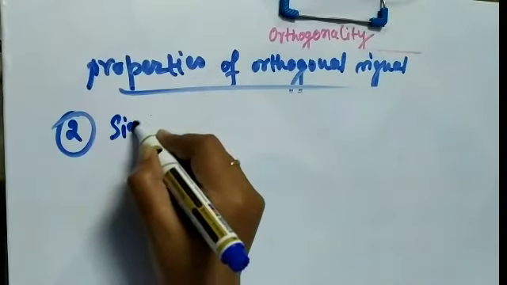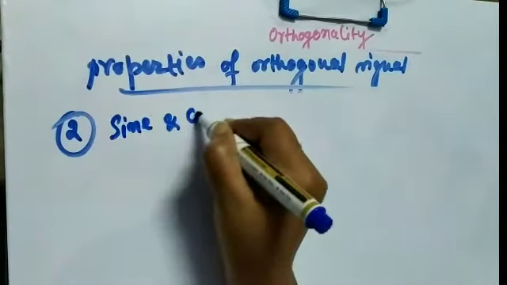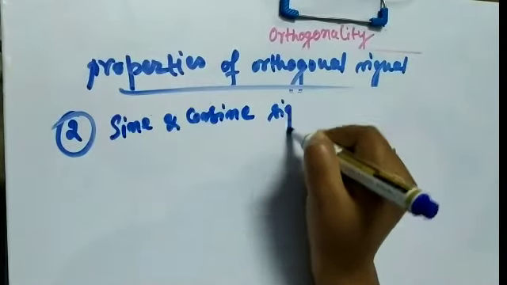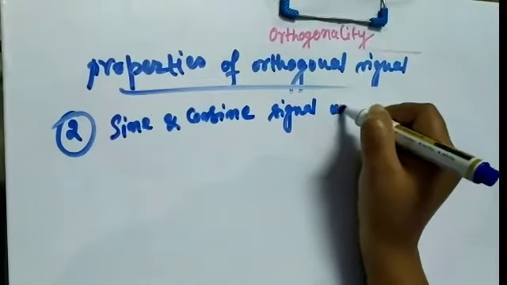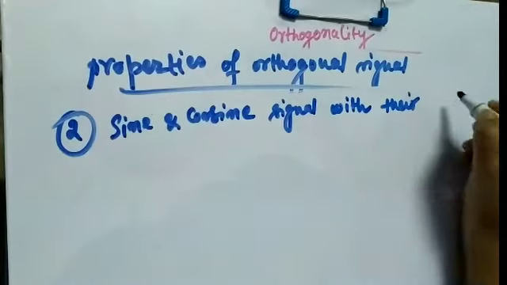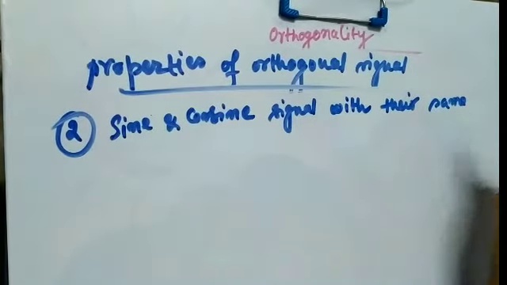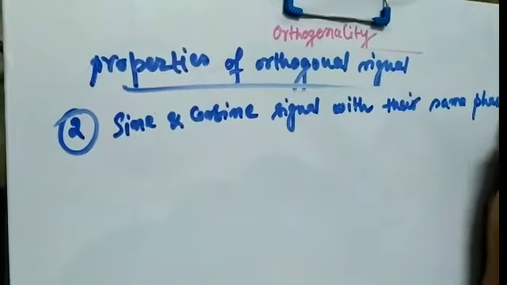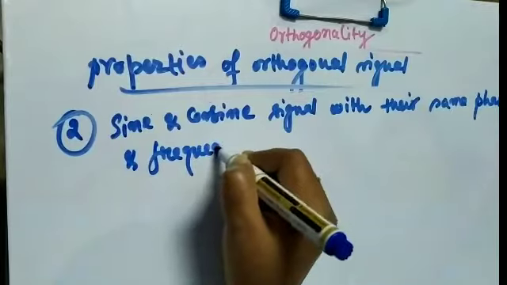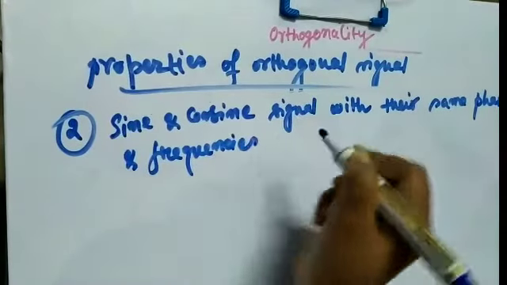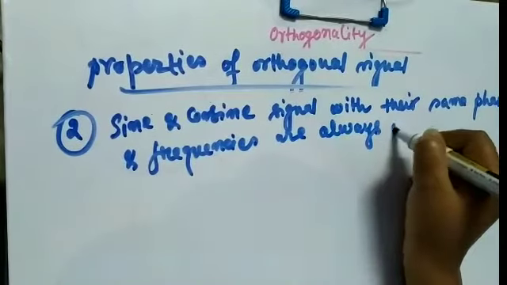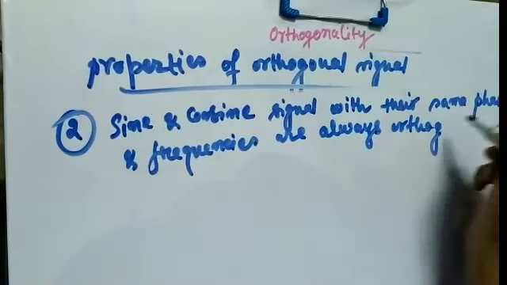So, I am writing here: sine and cosine signals with the same phase and frequency are always orthogonal.